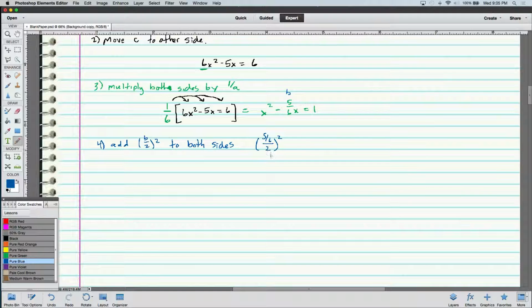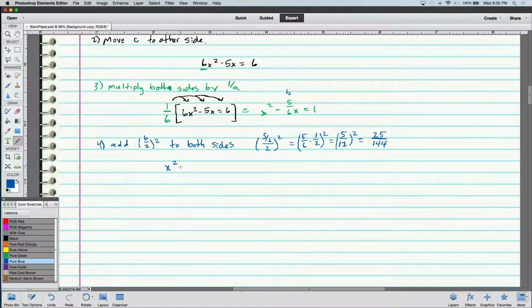Well, dividing a fraction by something is the same thing as multiplying by the reciprocal. So this is the same thing as 5 over 6 times 1 over 2, squared. And 1 over 2 times 5 over 6 is just 5/12 squared, and that's going to give us 25 divided by 144. So we want to add 25 over 144 to both sides of this equation.